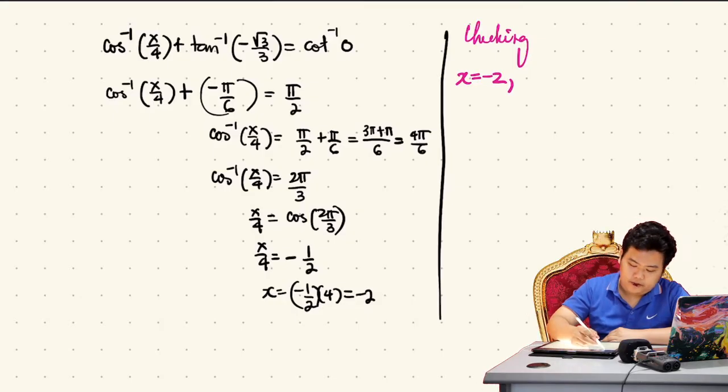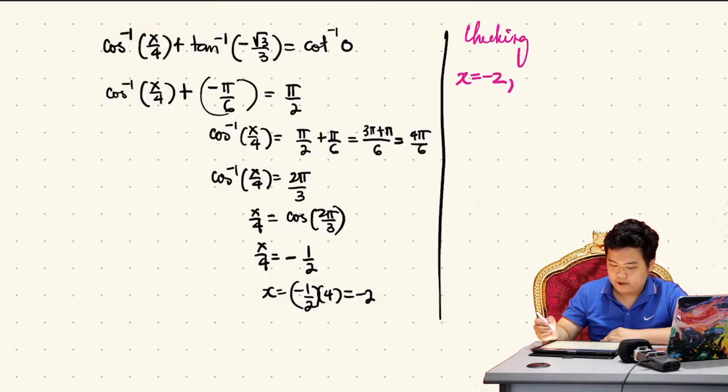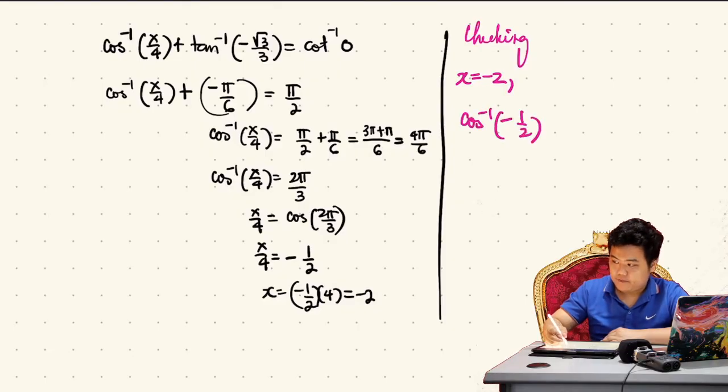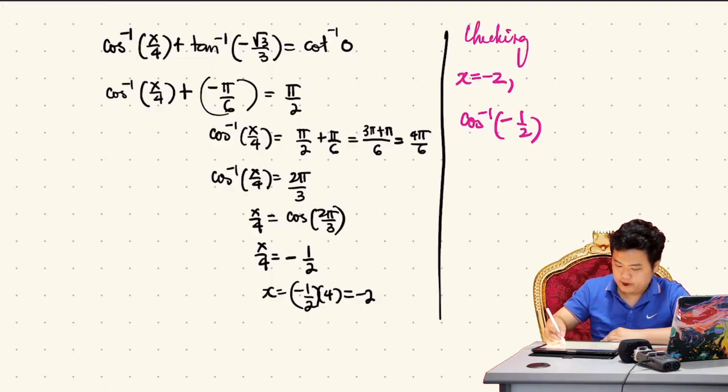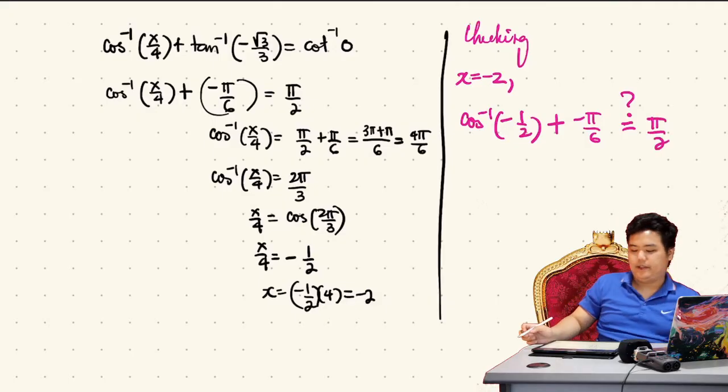Plug in dito. We get cosine inverse negative 1/2. Tama ba yun? Okay. Negative 2 divided by 4, negative 1/2. Okay. So, plus, value nito is negative pi over 6. Is it equal to pi over 2?